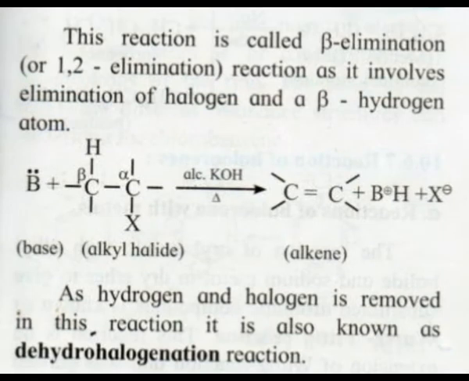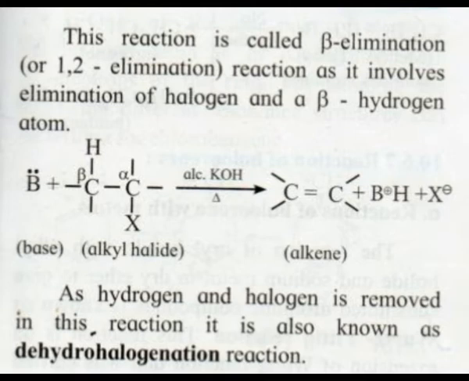This reaction is called beta elimination or 1,2 elimination reaction, as it involves elimination of a halogen and a beta hydrogen atom. It is seen in the reaction, the base reacting with the alkyl halide: the carbon atom attached to X is the alpha carbon atom, and the carbon beside the alpha carbon atom is the beta carbon atom.